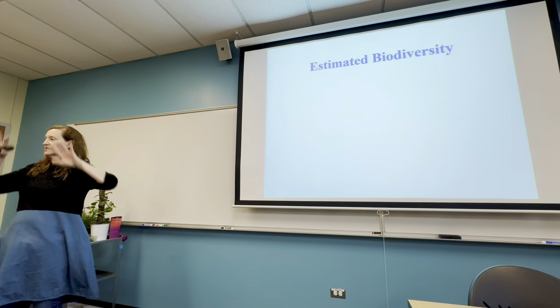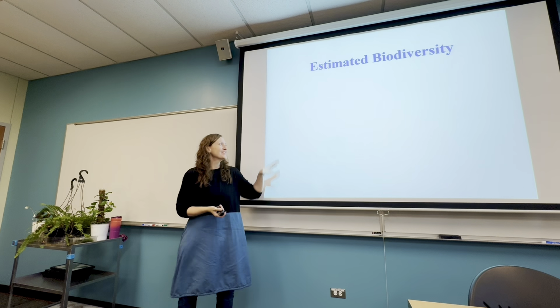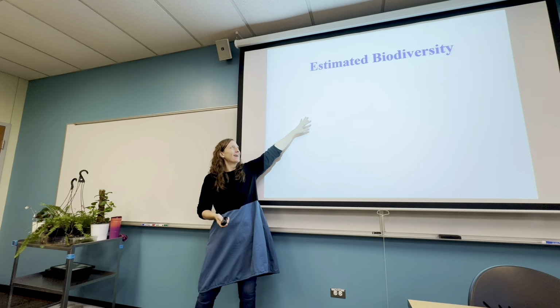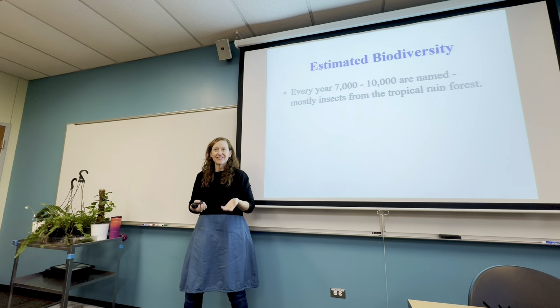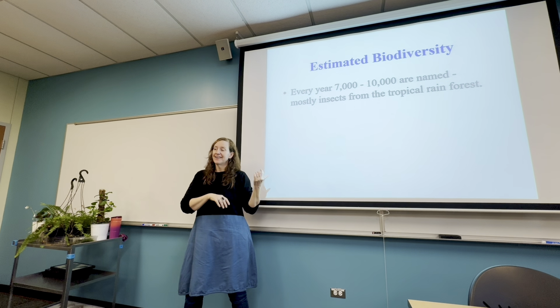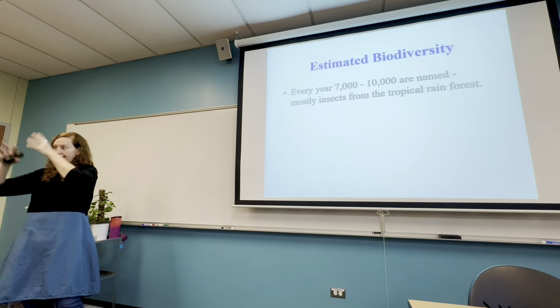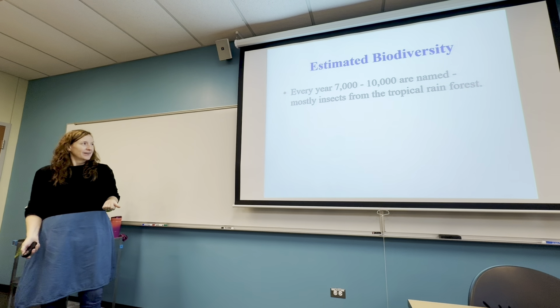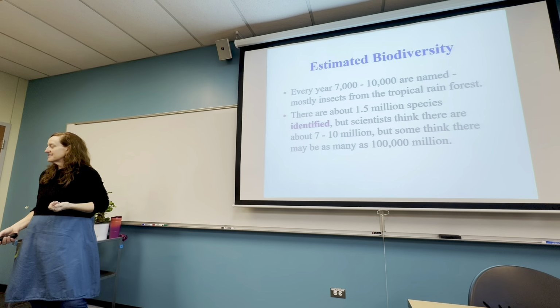So let's talk about what's out there in terms of numbers. So the estimated biodiversity, I think this is interesting. About 7,000 to 10,000 species are discovered every year. And they can be discovered bacterial-wise or archaea-wise in a lab maybe. They could be discovered out on the earth. Most of them are insects, people that are doing studies in the rainforest.